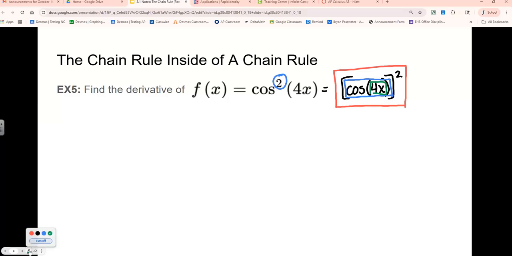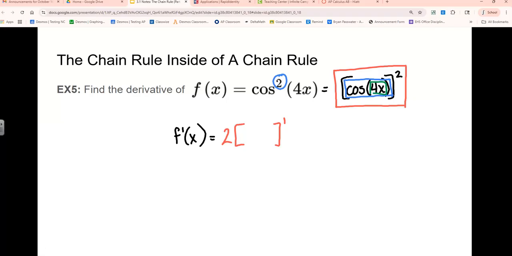So whenever you take the derivative of the most outside part, that is just the stuff being raised to the second power, right? So that will look like this. 2 times the stuff to the first power. Obviously that 1 is not really necessary, but let's just put it there so we can think about it.